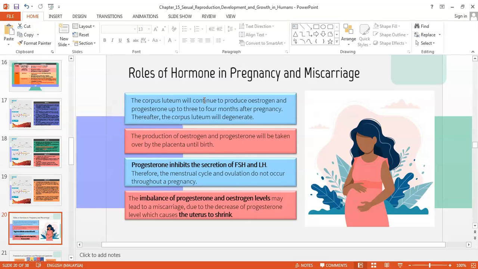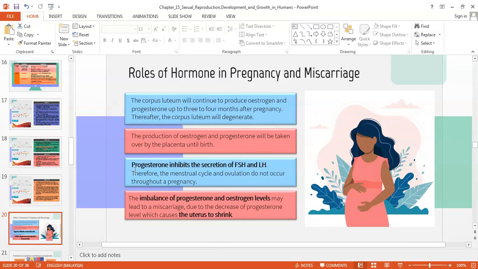Sebab after 3 to 4 months in general, the corpus luteum will start to degenerate. Dan sepanjang pregnancy, progesterone dan estrogen mesti dihasilkan. Maksudnya bulan ke-5 sampai ke bulan ke-9 contohnya, the role of supplying estrogen dan progesterone akan diambil alih oleh placenta yang ada dalam uterus ibu tu.